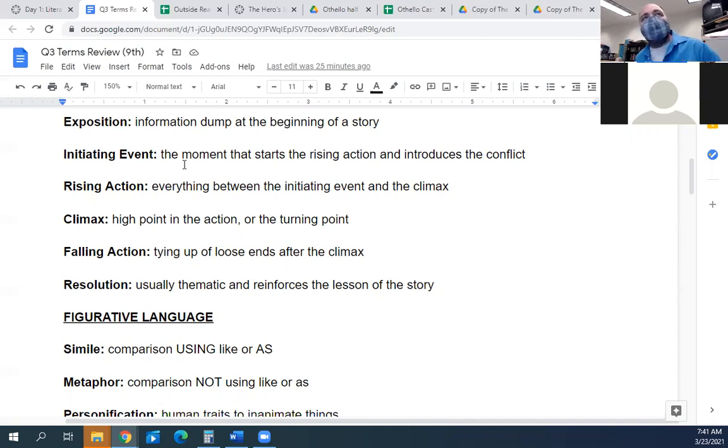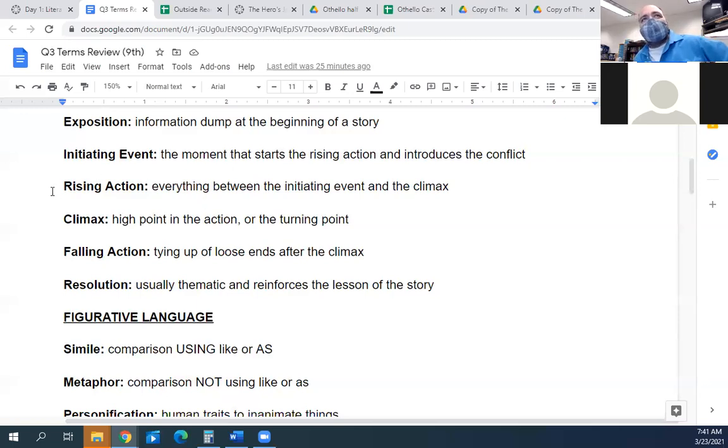In The Hobbit, a bunch of dwarves show up on Bilbo's doorstep and have a party in his house and sign him up to be a thief in their adventure. And in Treasure Island, Jim Hawkins finds a treasure map in the old pirate's chest, right? And so all of these things are initiating events that sort of start the momentum of the story.